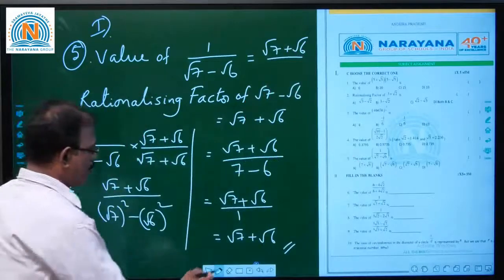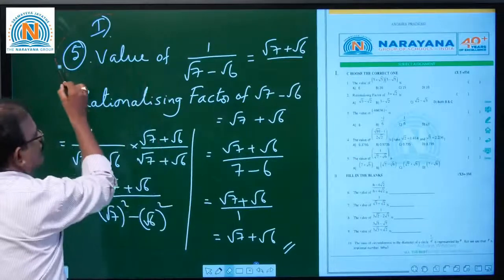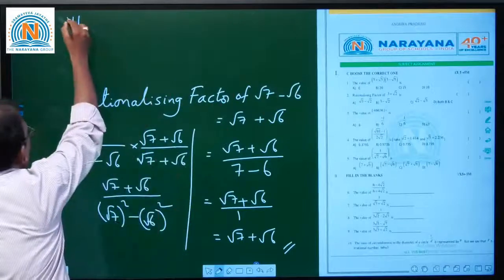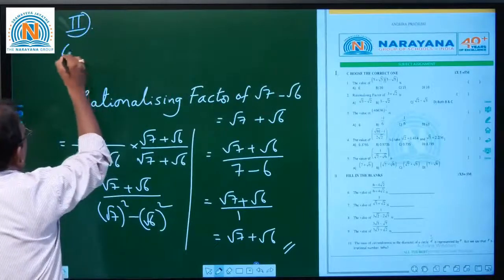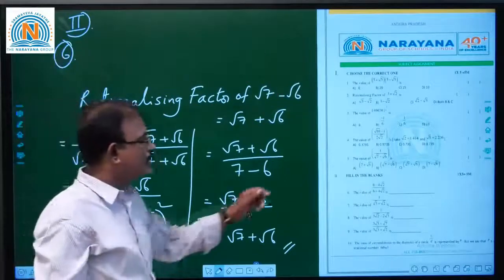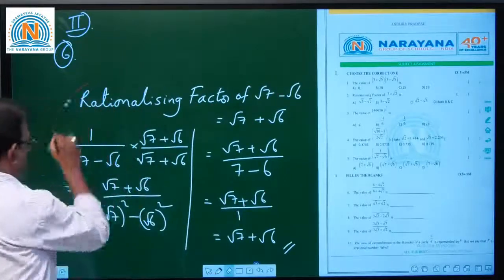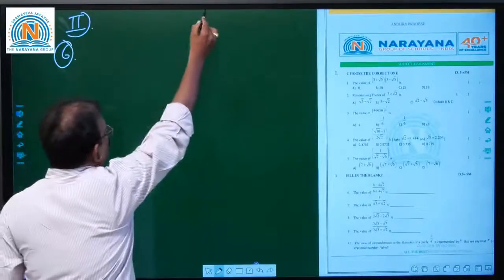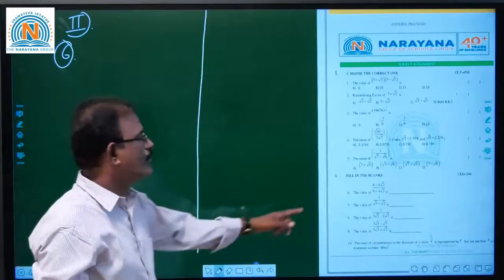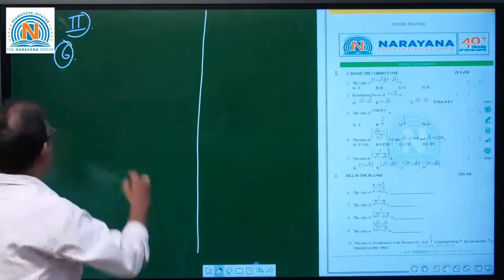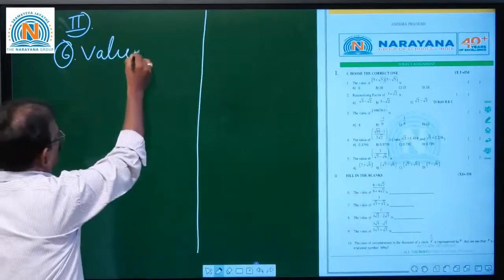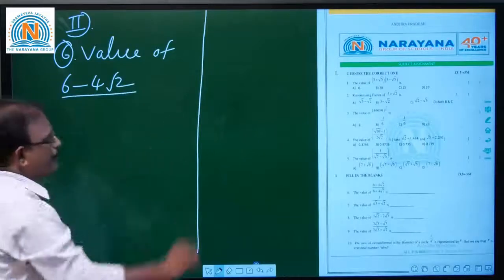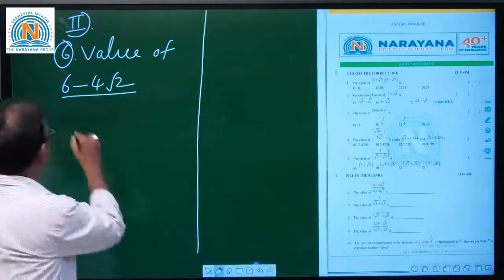Come back to the second Roman, the sixth question, children. What is the value of (6 minus 4 root 2) by (6 plus 4 root 2)?